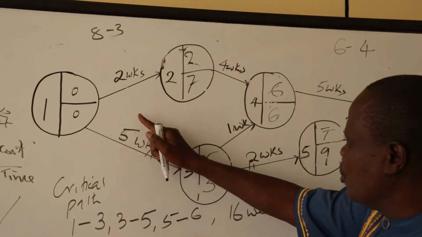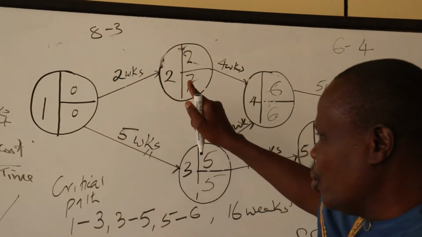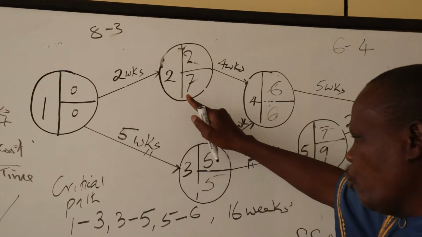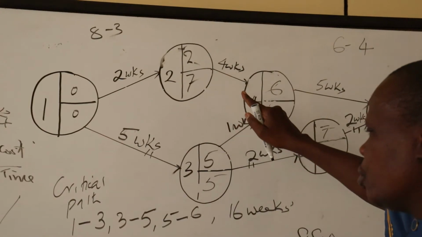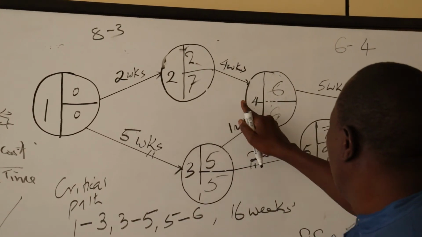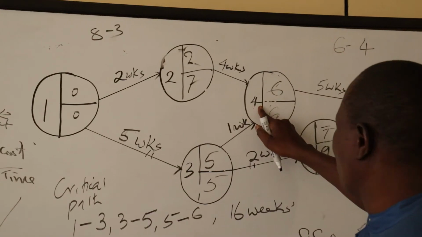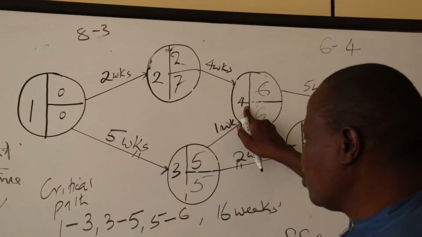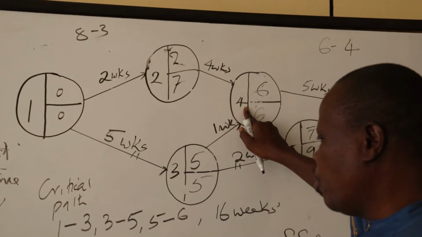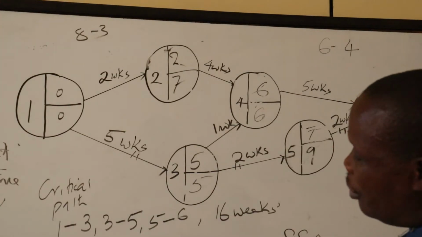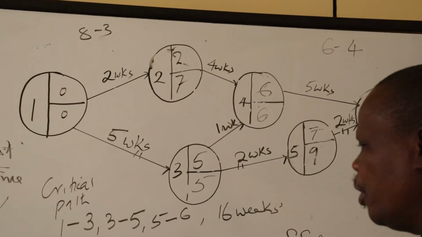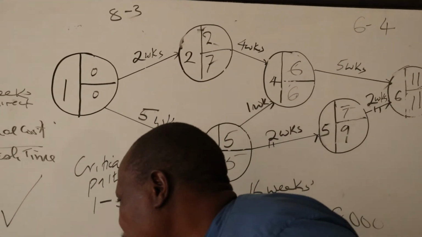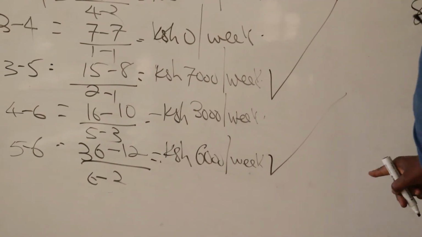Let us check 1 to 2. 1 to 2 has a cost slope of 5,000, and 2 to 4 has a cost slope of 4,000. Then 4 to 6 has a cost slope of 3,000. Then we consider which one is minimum. 4 to 6, which is along the critical path, has the minimum cost slope of 3,000.